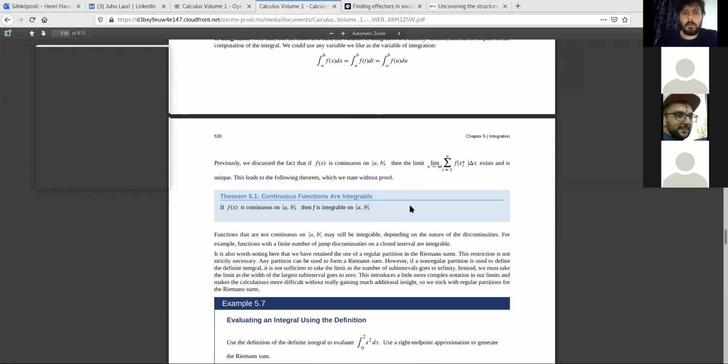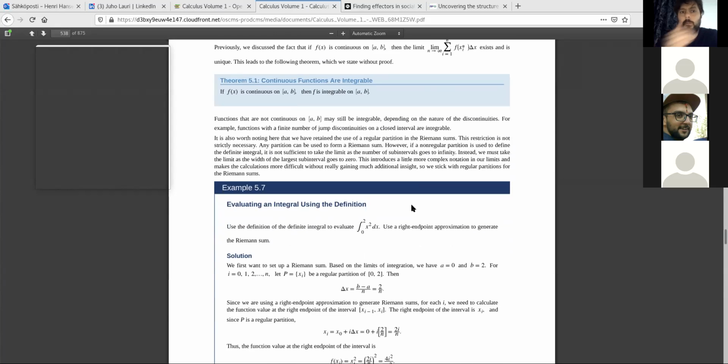Well, continuous functions are integrable, and if f(x) is continuous, then f(x) is integrable. My argument hinges on the idea that it is in fact continuous, and I used the justification of the intermediate value theorem on that. The nature of discontinuities depends on there.